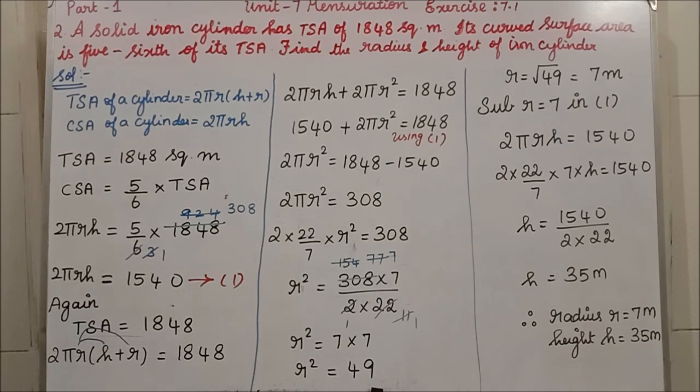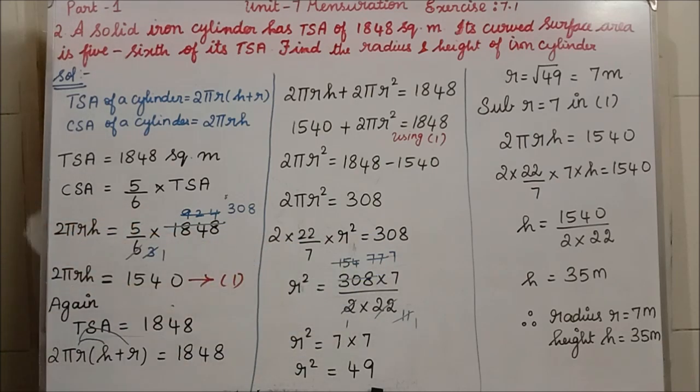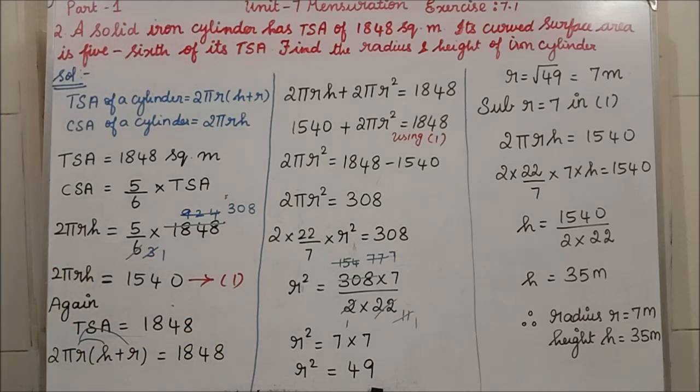After cancelling, what am I getting in the numerator? 7. Already one 7 is there, so 7 sevens are what? 49. R square equal to 49, what will you do next? You will write r is equal to square root of 49. What is the square root of 49? 7, we all know. So r equal to 7 meter.